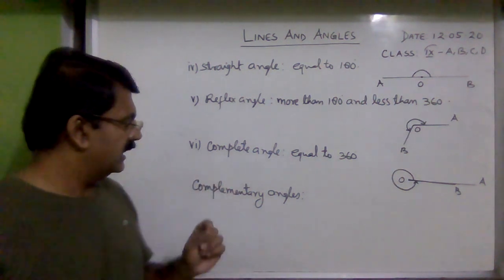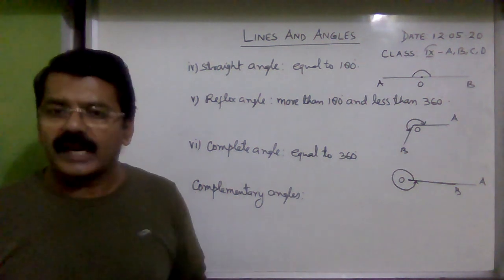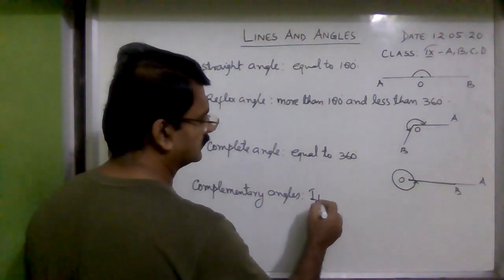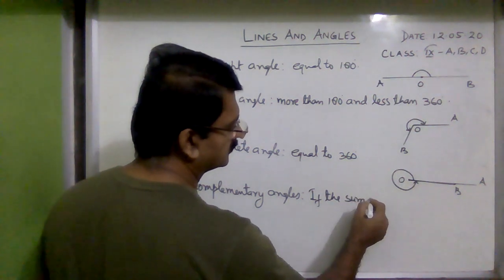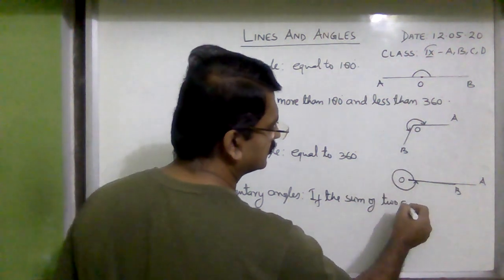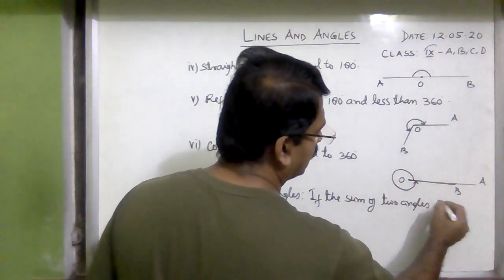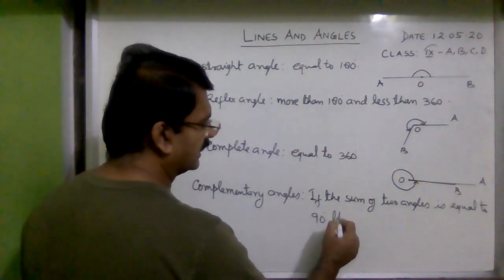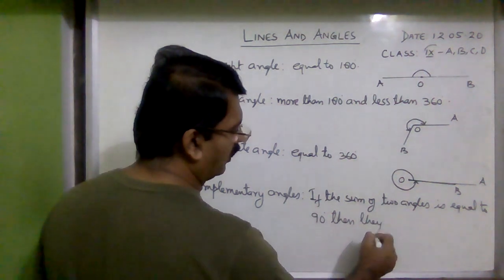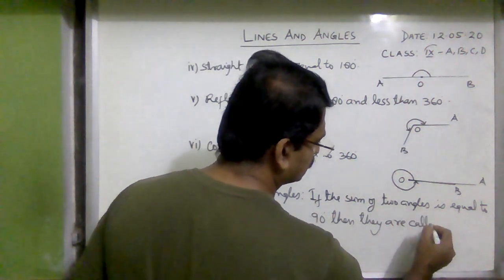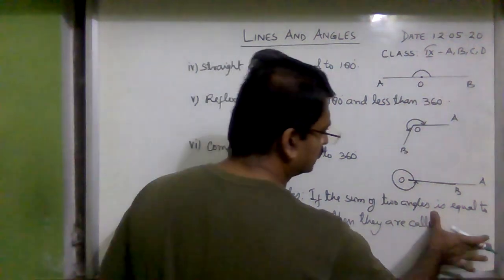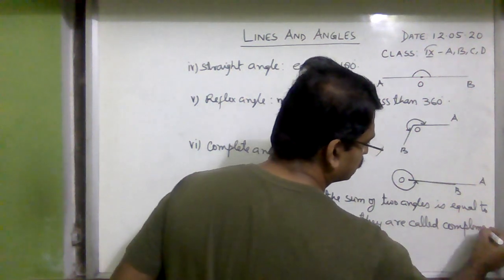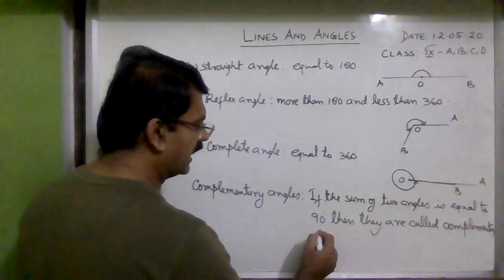If two angles are such that their sum is equal to 90 degrees, then those two angles are called complementary angles.